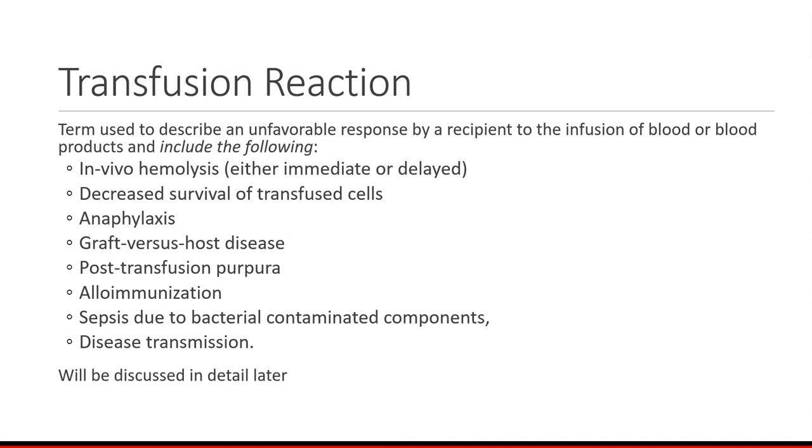Graft versus host disease, post-transfusion purpura, alloimmunization. This is allo. You're developing or have developed antibodies against another human being's antigens. Sepsis due to bacterial contaminated components, and disease transmission. These will be discussed in detail later, but I wanted to give you examples of what transfusion reactions are. They're not always hemolytic.